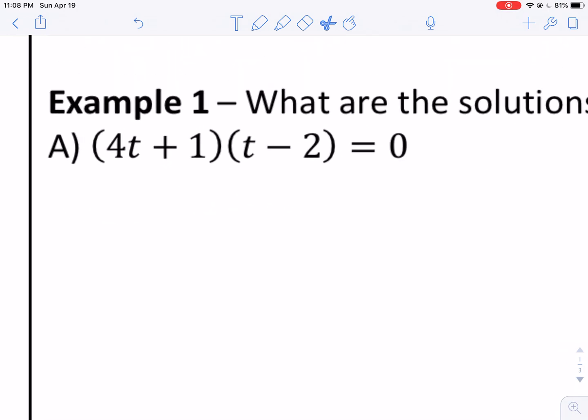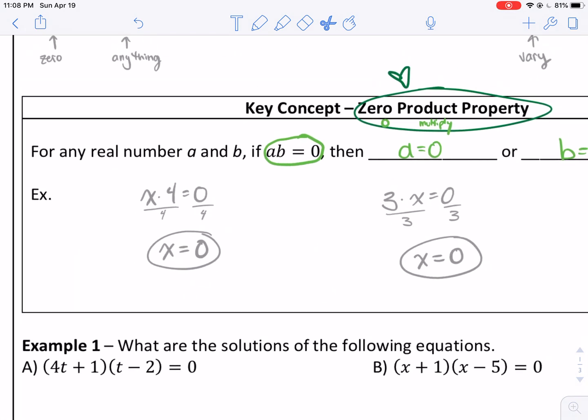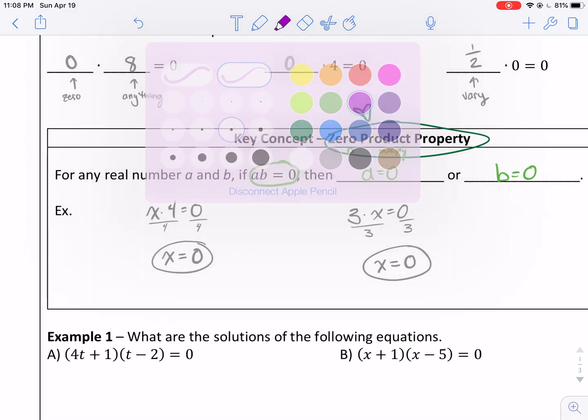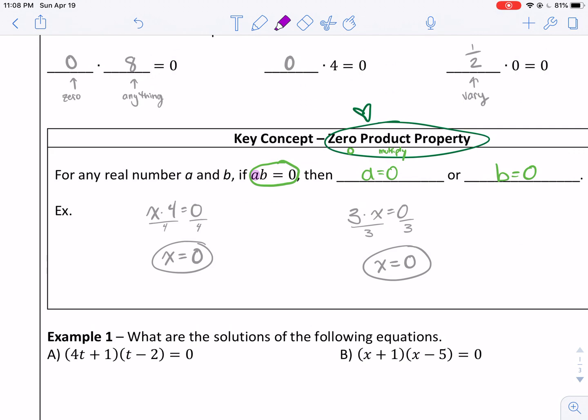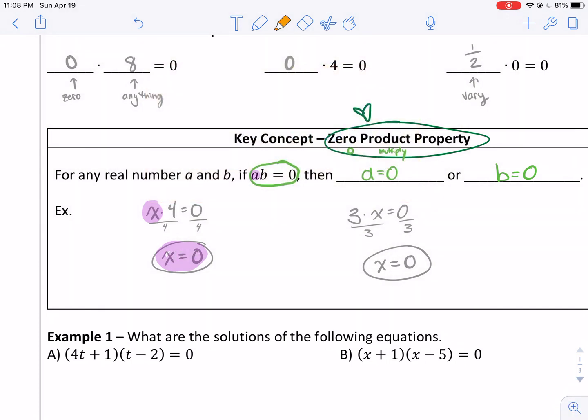Okay, so actually I'm going to go back real quick because I'm going to do some color coding. Up here we had a times b equals 0. So here our a was in fact 0. If we have a times b equals 0, we had our a was x, b is 4, equals 0.